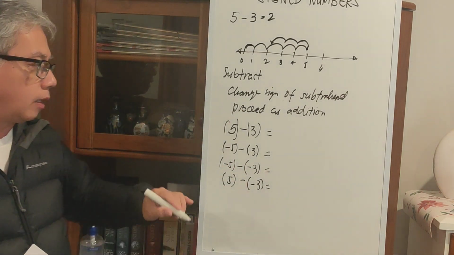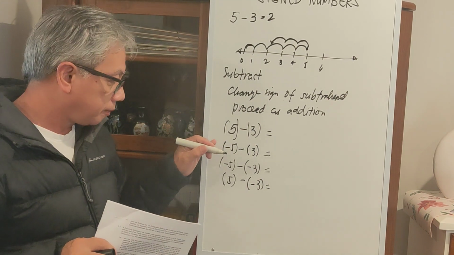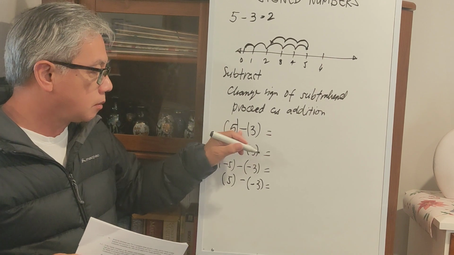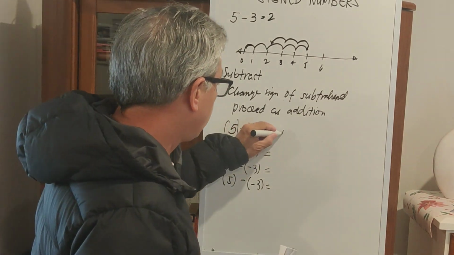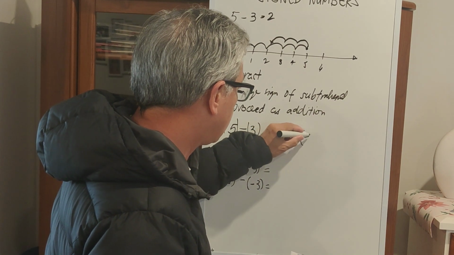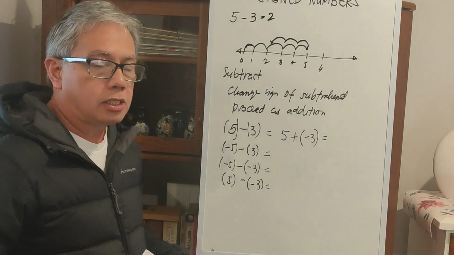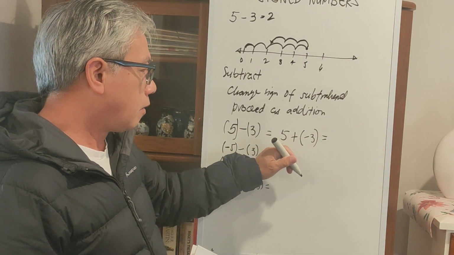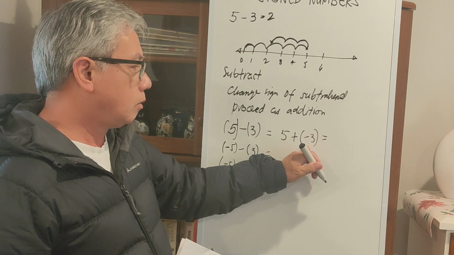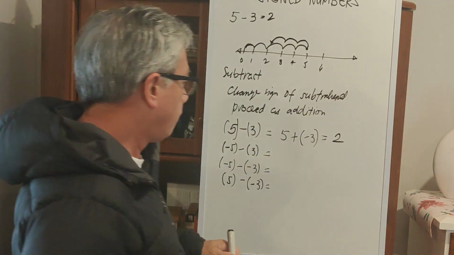The first rule is to change the subtraction into addition, and then you change the sign of the subtrahend. So the first one becomes 5 plus negative 3. And then you proceed as addition. There are different signs, so subtract: 5 minus 3 is 2. And then copy the larger sign, which is positive, so this is positive 2.